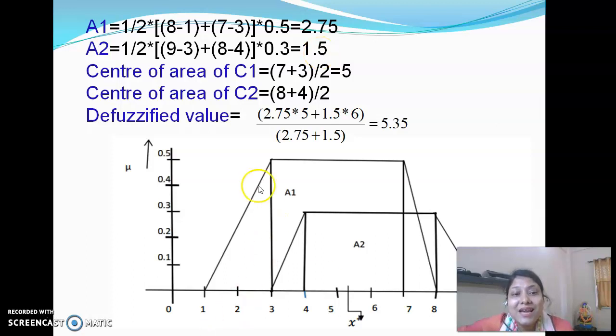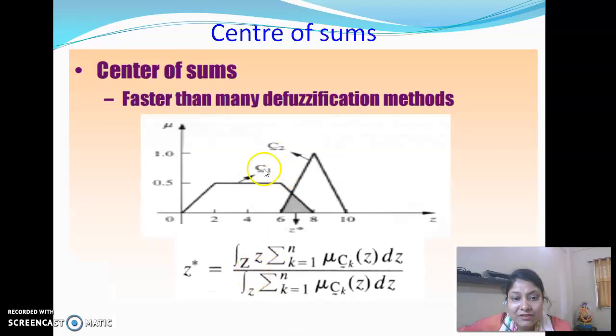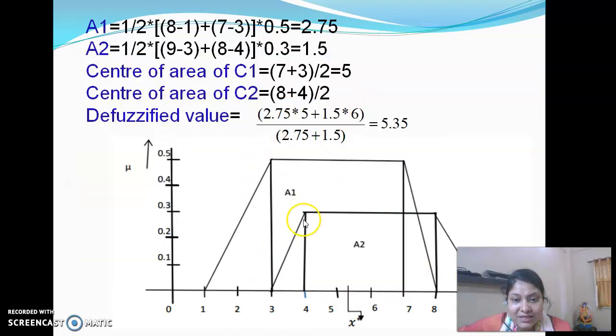Now, what is the center of area of C1? What is the center of area of C1? If this is the fuzzy set C1 and C2, here C1 is nothing but the fuzzy set of the A1 membership function, and here C2 is nothing but the fuzzy set of the A2 membership function. So what is C1?